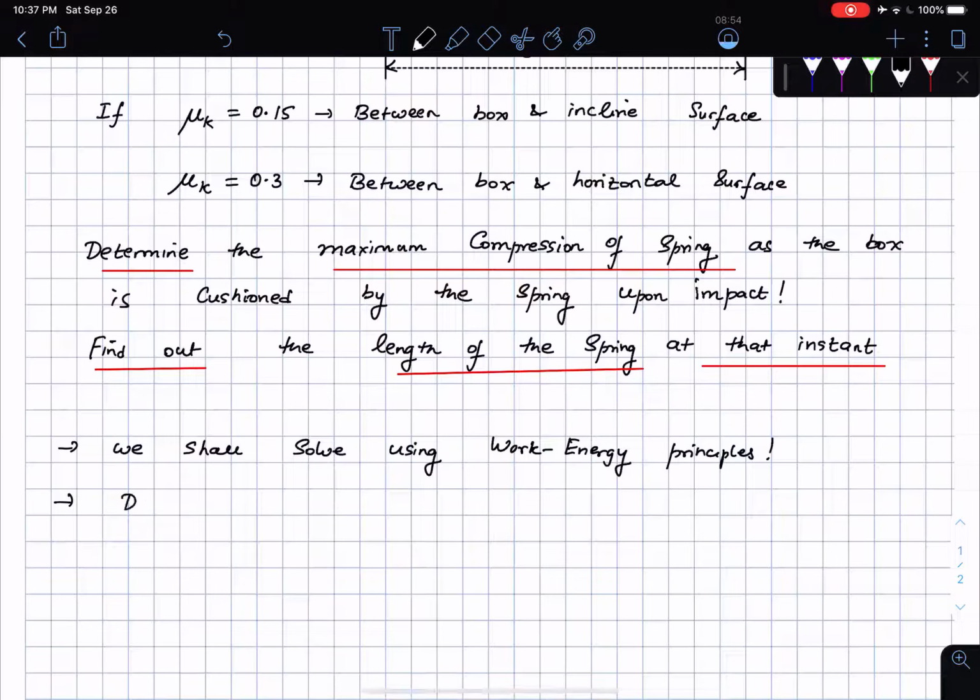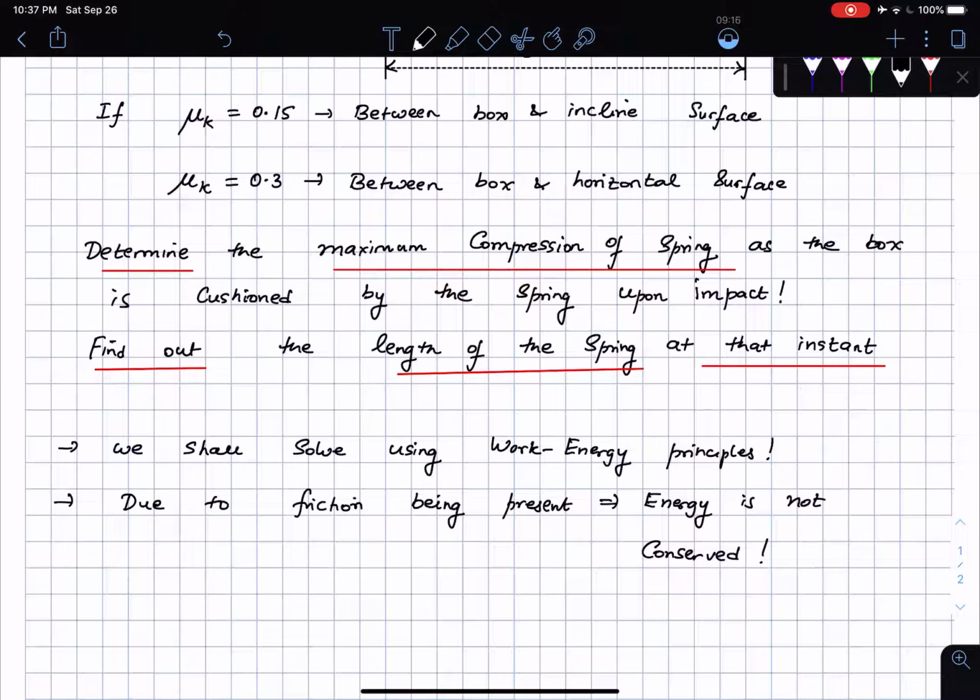Due to friction being present, energy is not conserved. That is quite obviously seen in this problem.